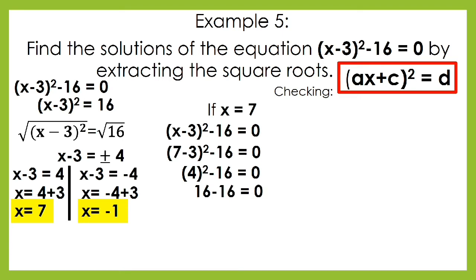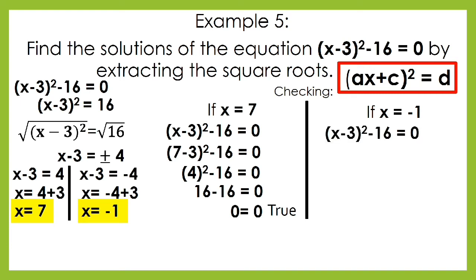Square of 4 is 16, copy minus 16 equals 0. And then, 16 minus 16 is 0 equals 0. So, that is true.